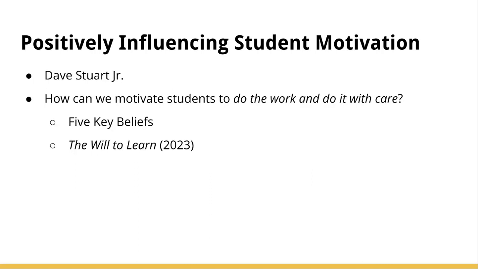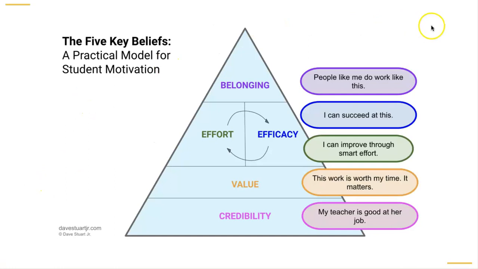He has a framework called the 5 Key Beliefs, where he says if we can make progress on these 5 things, we can positively influence student motivation. He talks about those at length in his book, The Will to Learn, which came out in 2023. So here is his model.